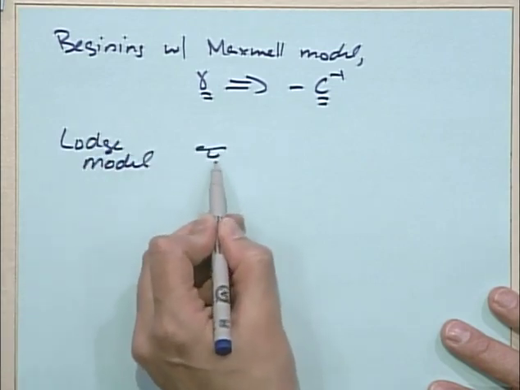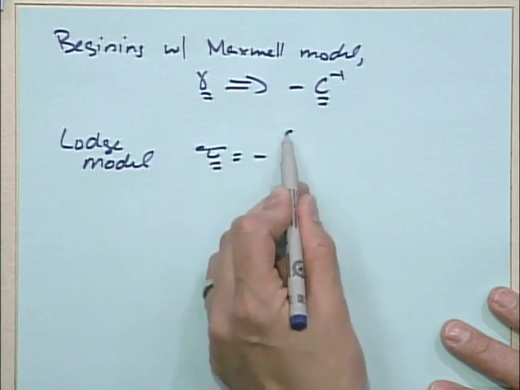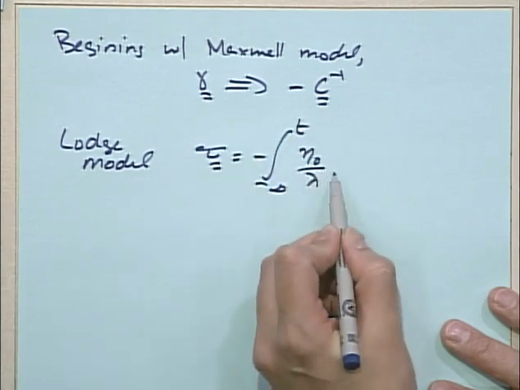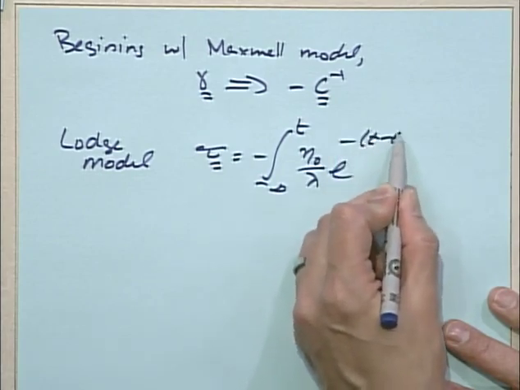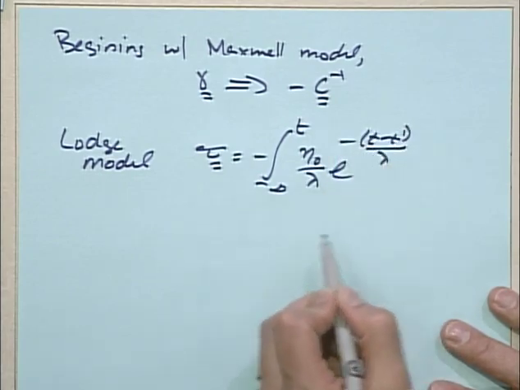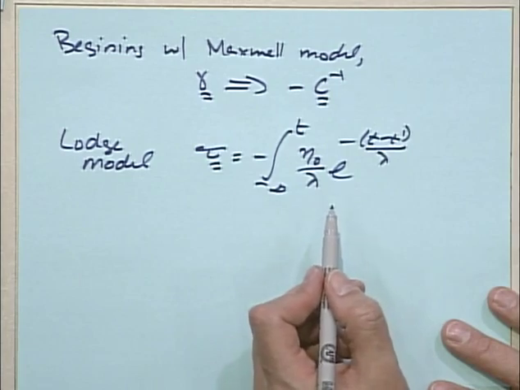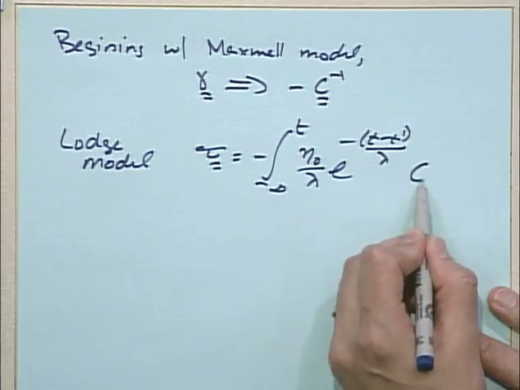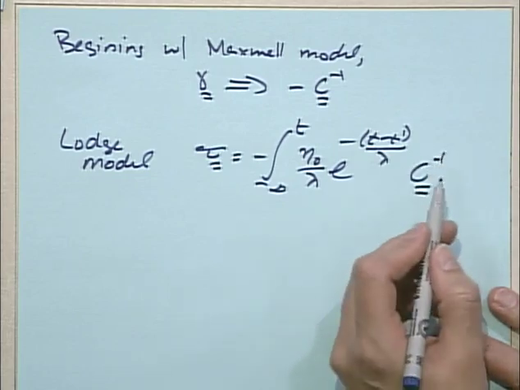So that one was tau equals minus the integral from minus infinity to t of eta naught over lambda, e to the minus (t minus t prime). So we're saving all this exponential business, which came into our model so that we could describe time dependence.